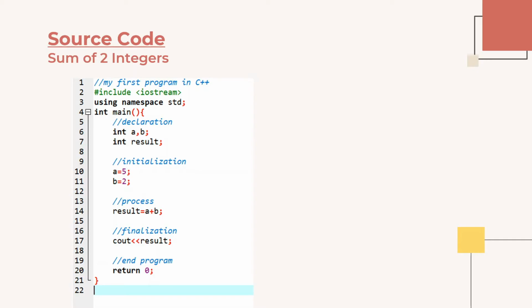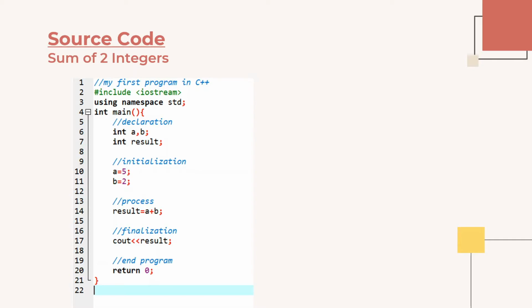And the second step is initialization. This step will initialize the variables a and b with initial values for the two variables that will be used. In this example, the value of a is 5 and b is 2. And then the third step is process. This step contains the sum process with the result formula a plus b. Then the last step is finalization.